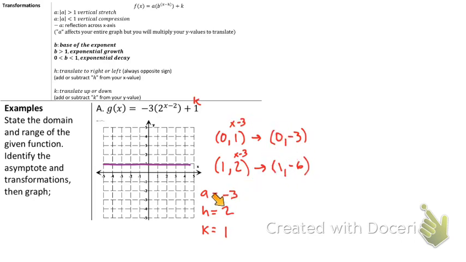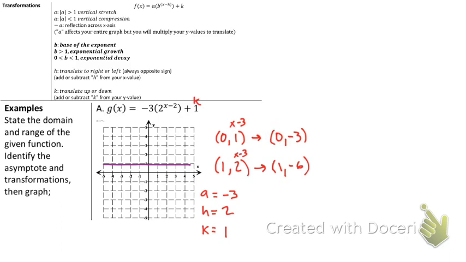Now I'm just going to apply the h and k. Because the h is +2, that means I'm moving to the right, because I've already switched the sign. So I'm shifting to the right twice. K is +1, that means I'm going to shift up. So how do I affect my graph? Your h will add or subtract, depending on sign, with the x value. So I'm going to add or subtract to the x values here.